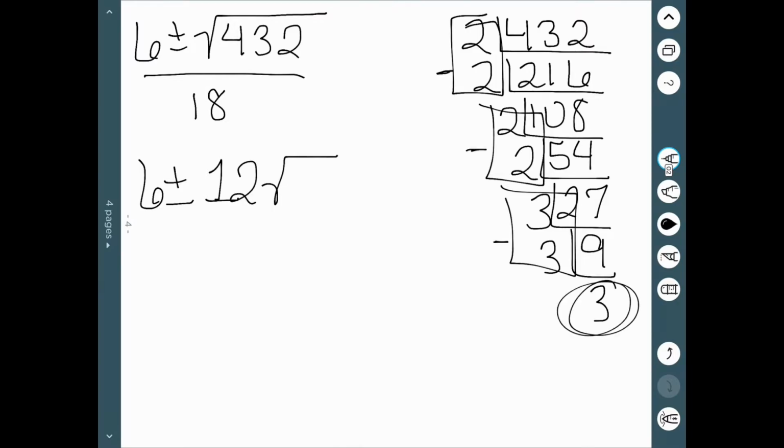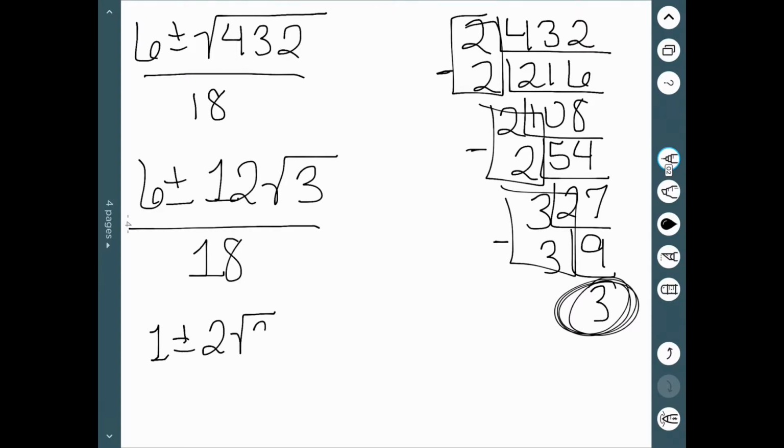And this 3 down here at the bottom is left over, so it's what's going to stay underneath our square root. Whenever we simplify, we need to simplify in all 3 locations. So 6, 18, and 12 all simplify by 6. That would be a 1, plus or minus 2 root 3 over 3. So now we have the most simplified answer possible.